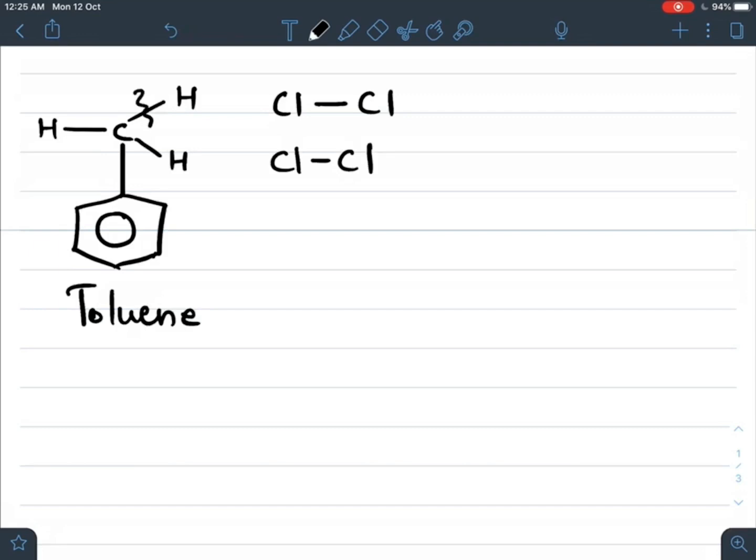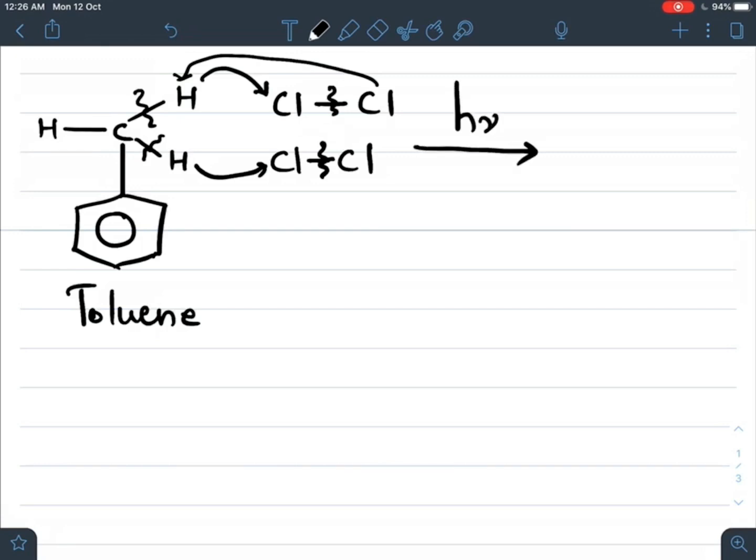The bond breaks between carbon and hydrogen, and the bond between chlorine and chlorine breaks homolytically, and this hydrogen is replaced with chlorine. This reaction takes place in the presence of h nu.